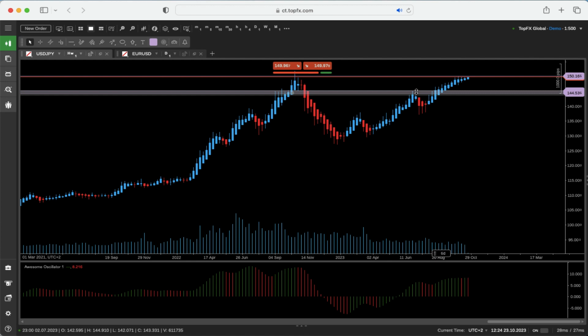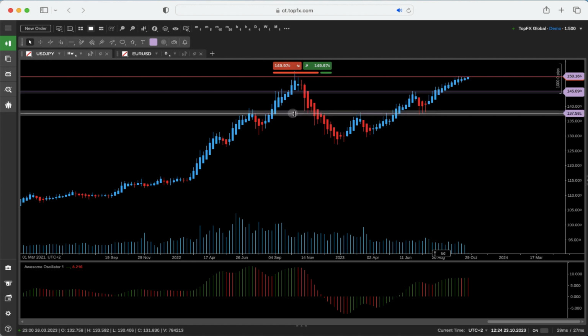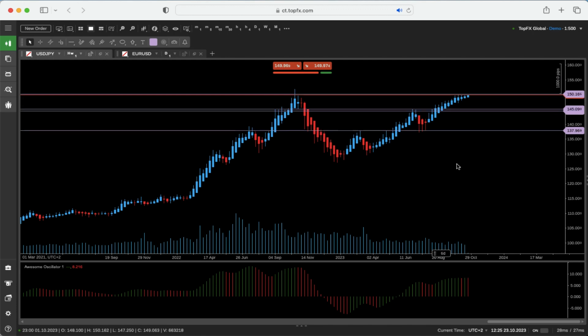Our technical resistance, sorry, now it's technical support, is very important. Look at this. This market has been here. If we add one more line, for educational purposes only, somewhere here, maybe it's not that precise, but you can see straight on that there was a test, and the market reacts to this level, even on the Heiken Ashi chart.